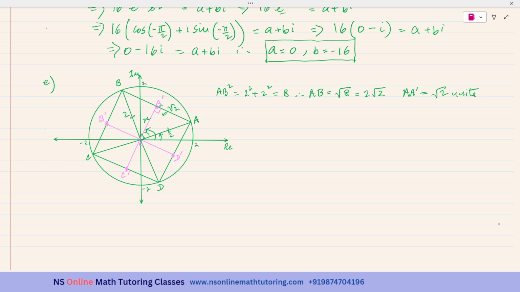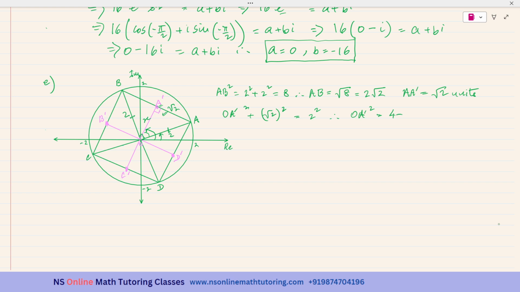So OA prime square, plus root 2 square, should be equal to OA square, which is 2 square. Therefore, OA prime square is equal to 4 minus 2, because 2 square is 4 and root 2 square is 2.